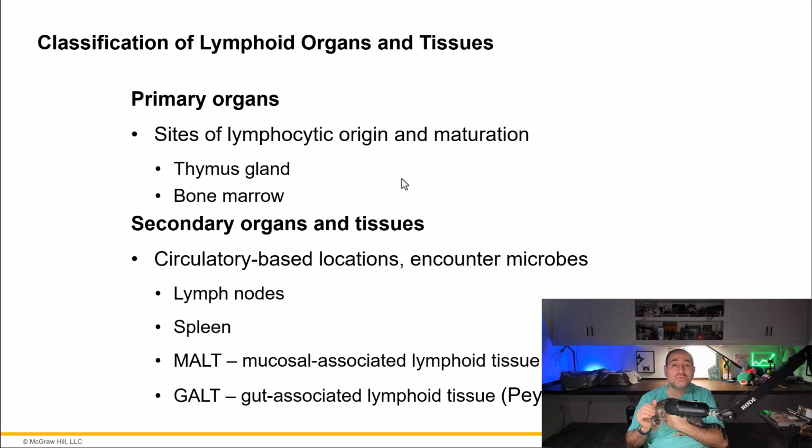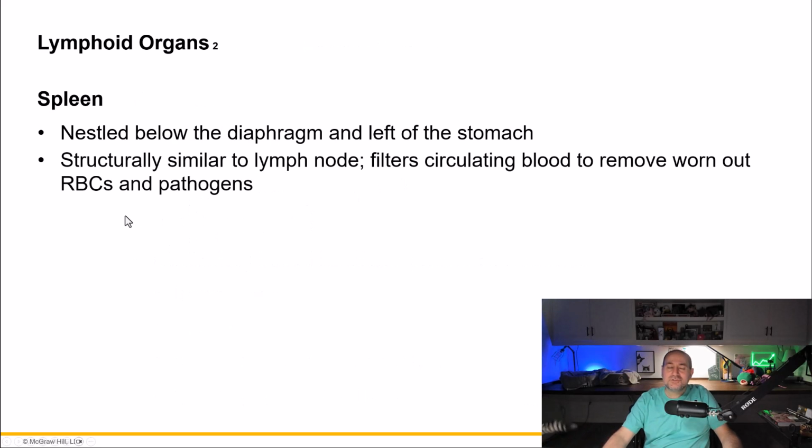Next, you should know which are the primary lymphoid organs. You should know that that includes the thymus and the bone marrow. You should know that for sure. You should also know about the spleen, how it's a type of secondary lymphoid organ.